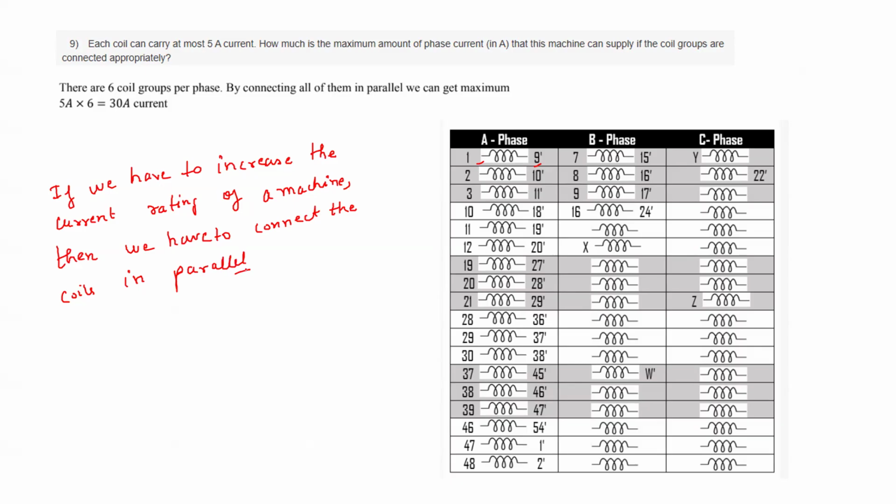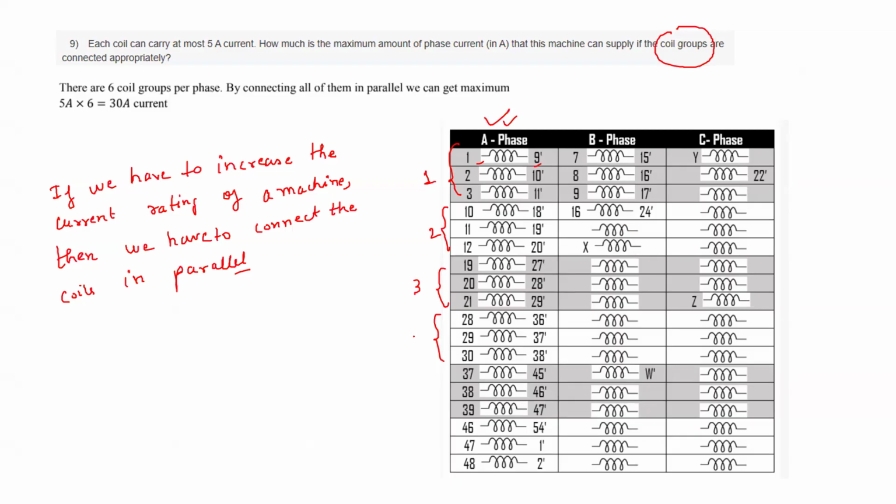So parallel means you have coil groups. First of all, how many coil groups are there? One coil group, two coil group, three coil group in one phase. Coil groups per phase, because they are asking us the maximum amount of phase current, so we are looking only at one phase.